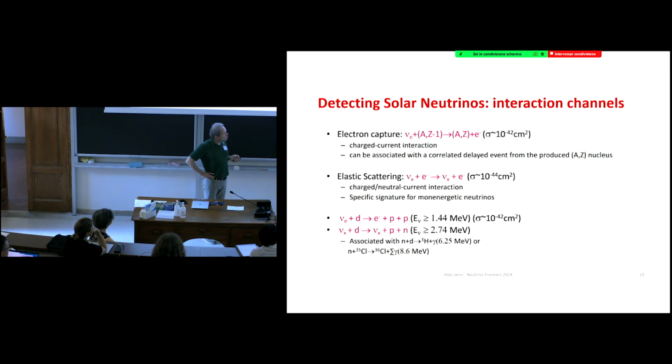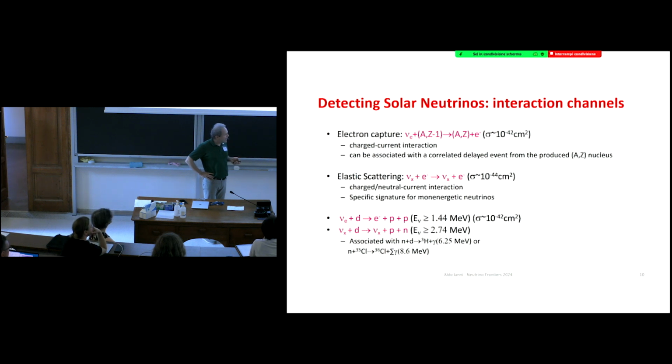Or through a neutral current, where a neutron is produced and we observe the capture of the neutron on hydrogen, on the deuteron producing helium-3, or by adding chlorine, we can also observe harder gamma rays of the order of 8.6 MeV.